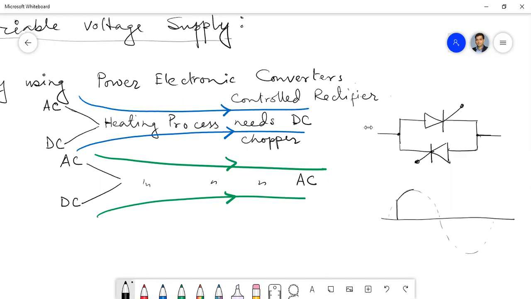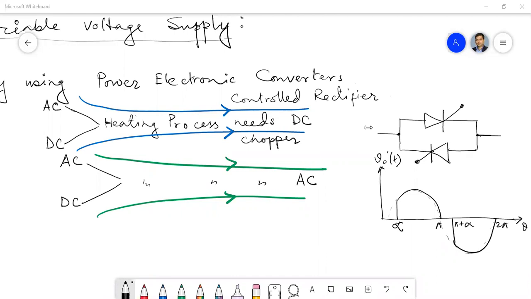So that means here also I will get some alpha to 2 pi, and in this side also I will get some alpha to 2 pi. So this is the output voltage. Okay, so this is called the AC control regulator.